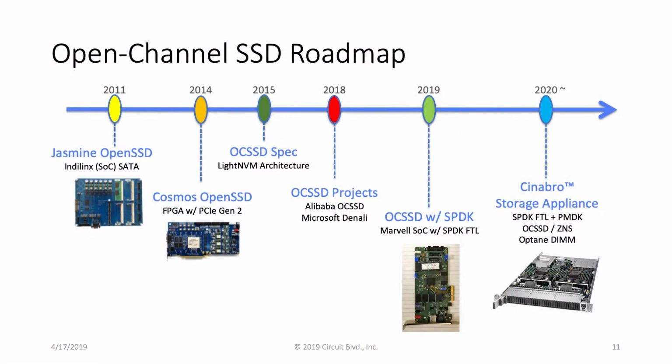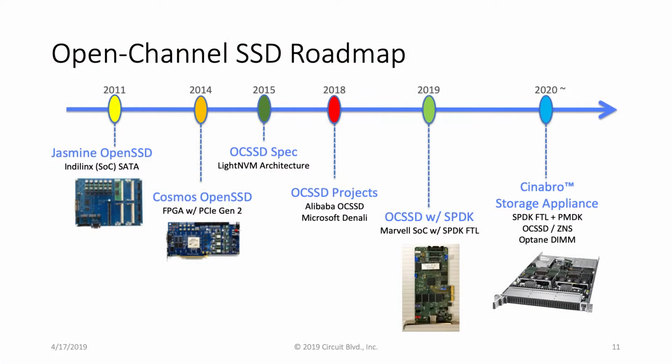Alibaba and Microsoft created internal projects to port open channel to their internal projects. I don't know where the state of those programs are right now, but I think there is some activity. And then in 2019, we worked with Marvell to come up with a platform here.